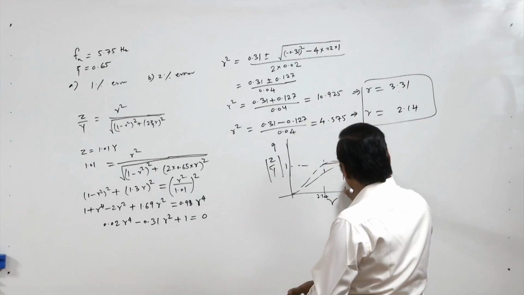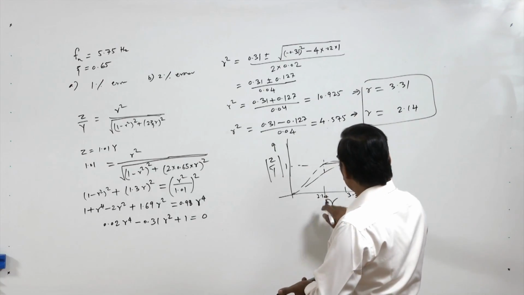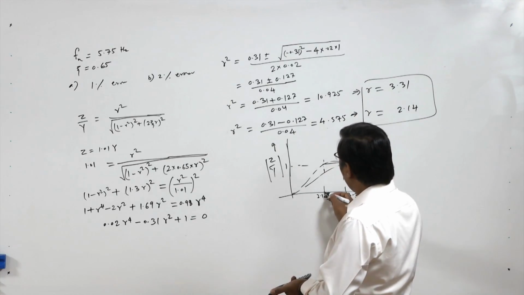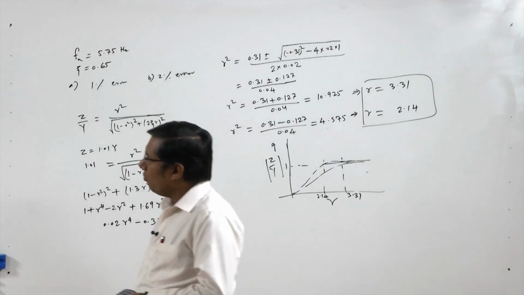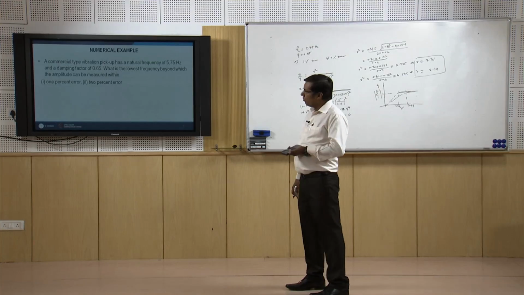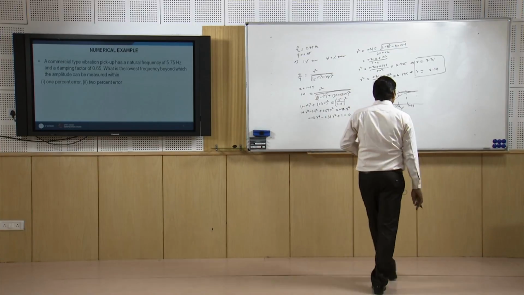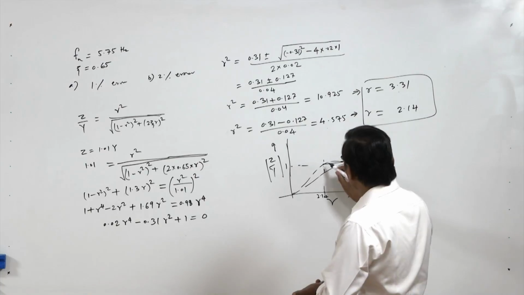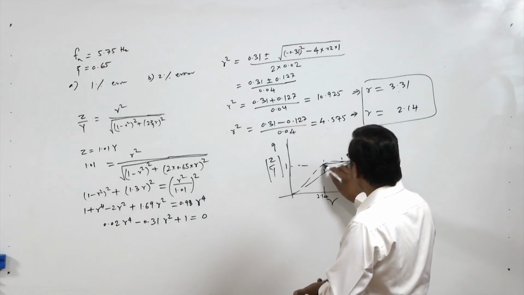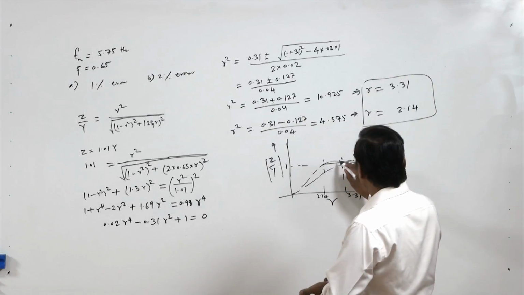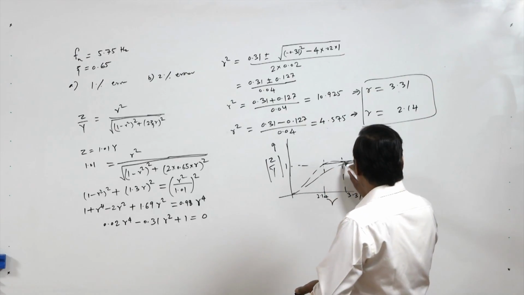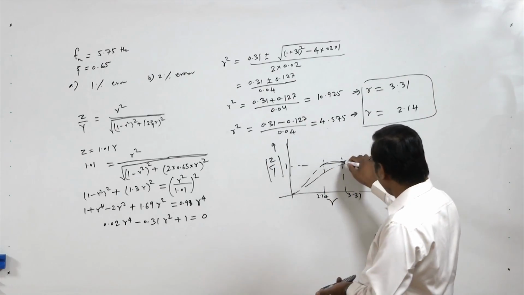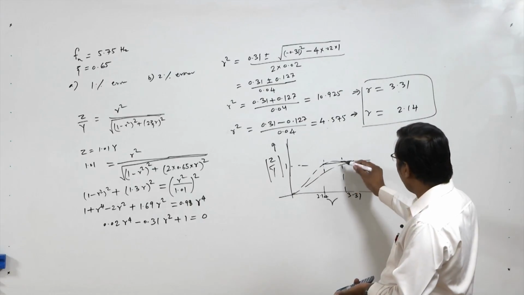It is asked what is the lowest frequency beyond which the amplitude is measured with 1% error. After 2.14 it is 1% error, but the curve will rise up and then fall to again come to 1% error at 3.31.